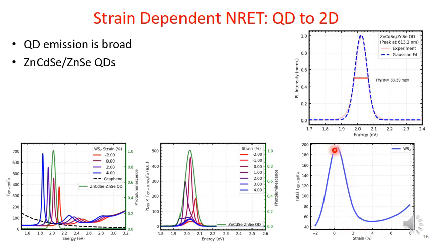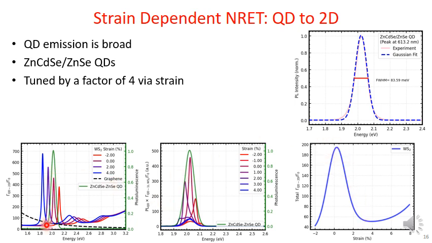Around 0% the rate is maximum, and that rate decreases with increasing strain, and it also decreases with compressive strain on the left-hand side. The tuning factor is only around 4, so it's not that large, because we are limited by the line width of the quantum dots.